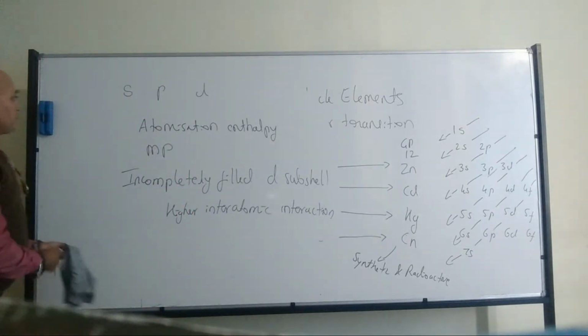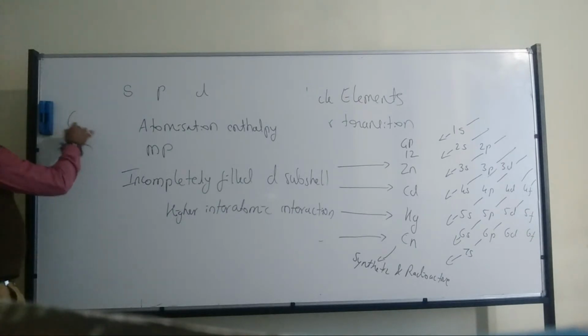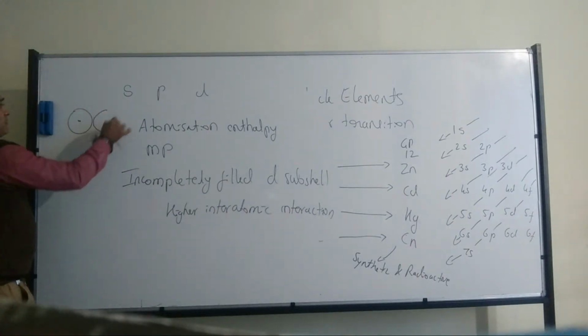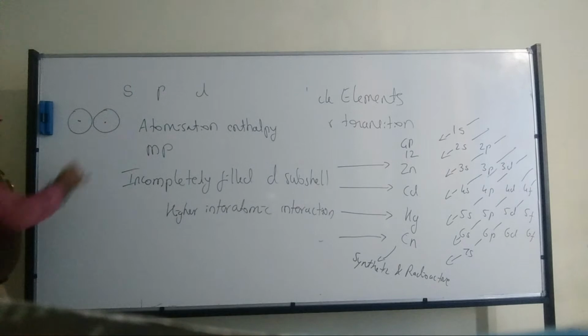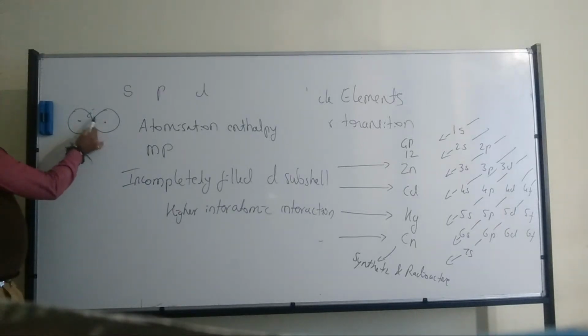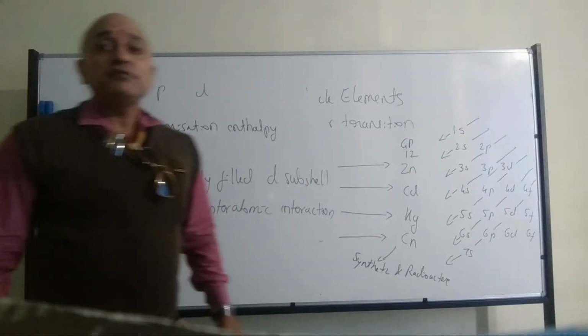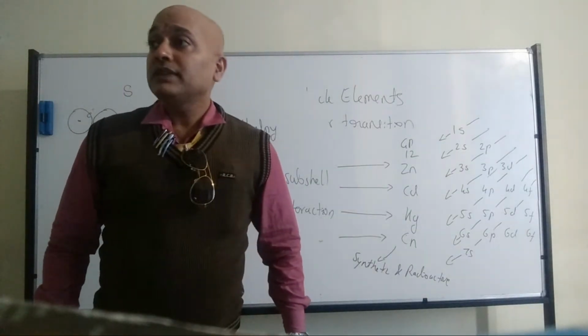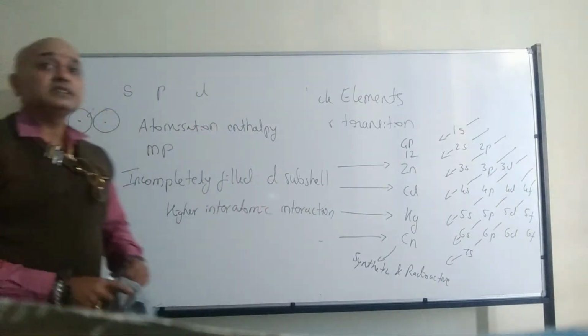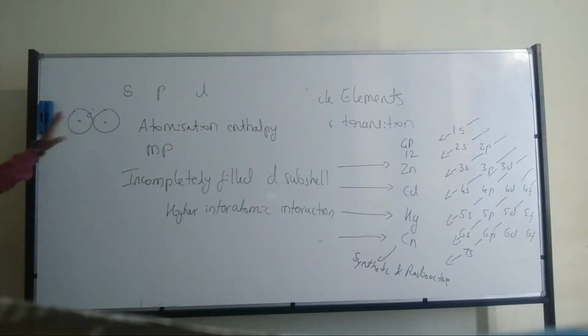So what will happen in the crystal structure? The electron present in the d subshell, since it has less nuclear force, can also be felt by the neighboring nucleus. So these electrons can be easily involved in the metallic bond because they are loosely bound to the nucleus.